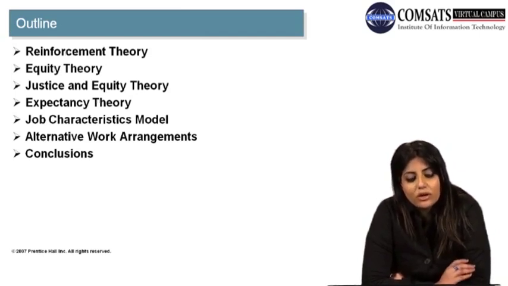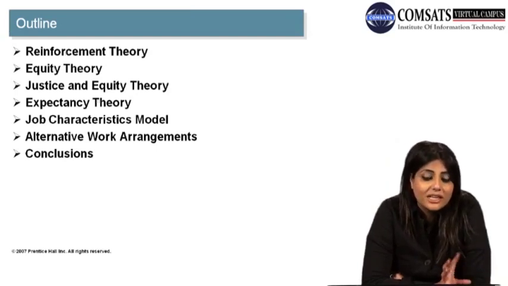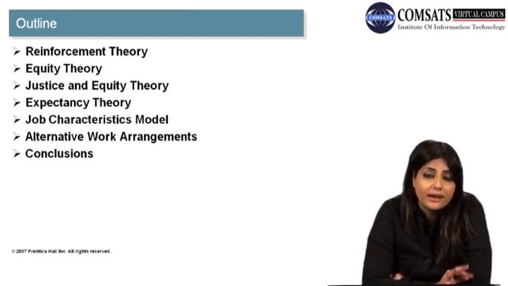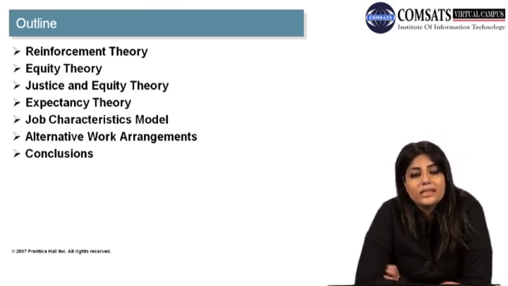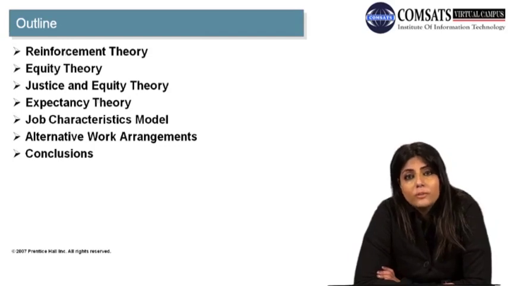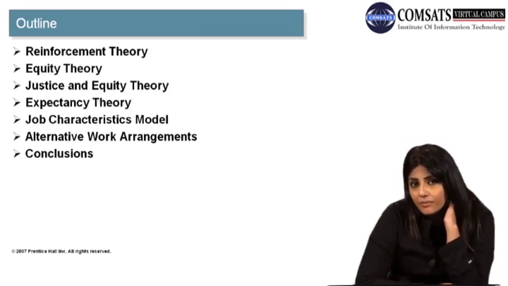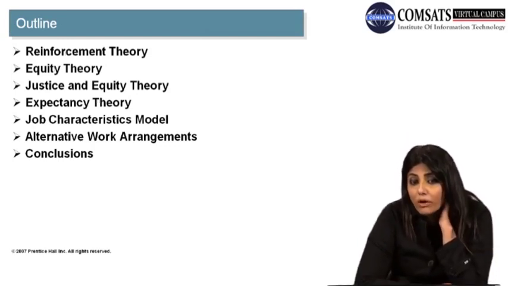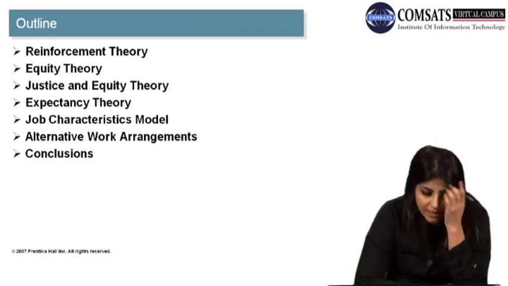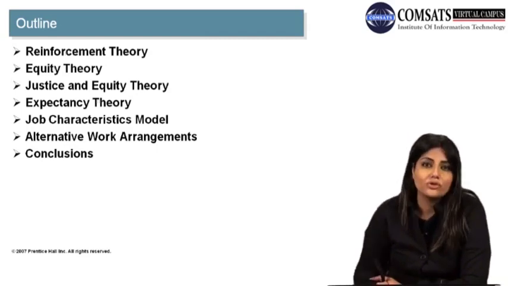Both the job characteristics model and alternative work arrangements are basically an application, or extension, of the concepts that we learned earlier on motivation: how in the workplace we can introduce things which can enhance employee motivation, and how we can see the application of the different models of motivation. They are basically direct implications in the workplace. So lastly we have the conclusions of today's lecture.